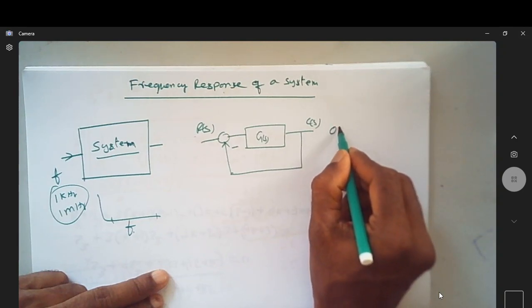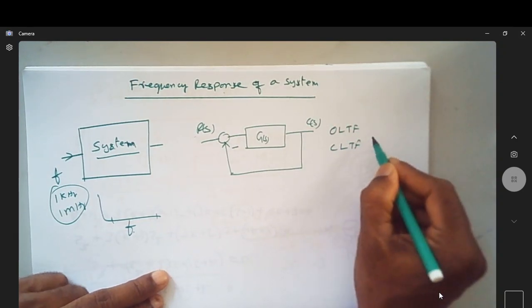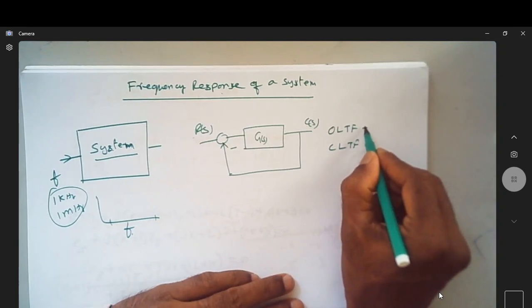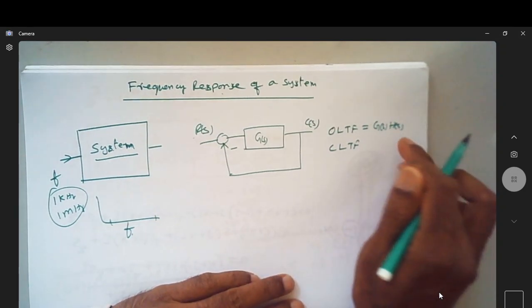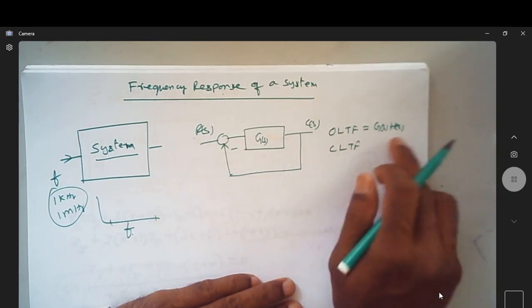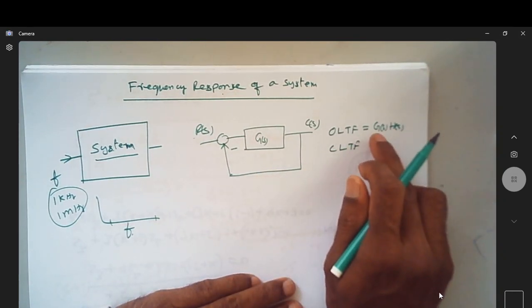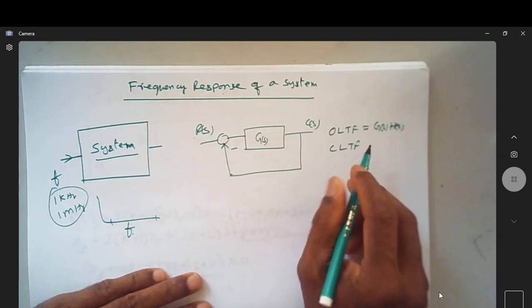So we are going to have an open loop transfer function and a closed loop transfer function. The open loop transfer function is given by G(s)H(s), where H(s) is the feedback path gain. Since H(s) is 1, G(s)H(s) for a unity feedback system will be just G(s) only.